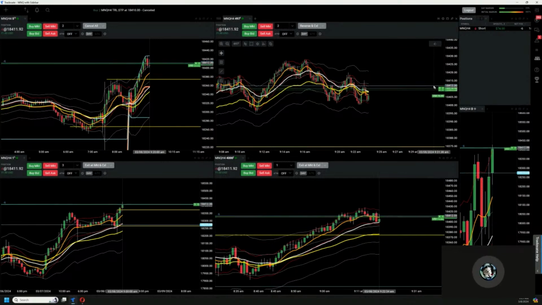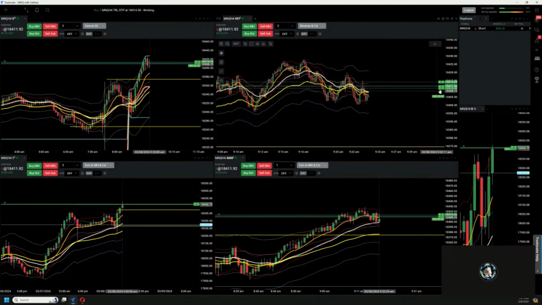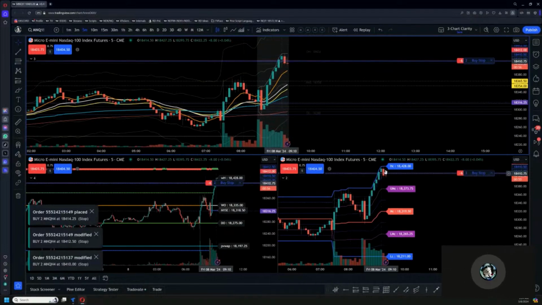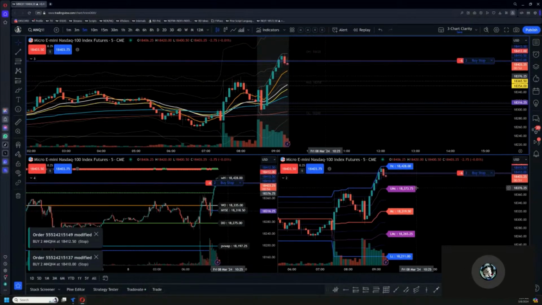Volatility's picked up a bit. Momentum has shifted on chart 2. It's bias and momentum short. If we look at where we're at in the channel, we've got the upper mid control right around 873.